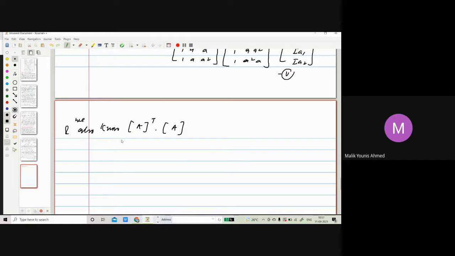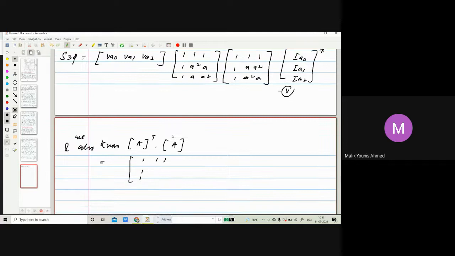So that will be equal to 1 1 1, 1 A square A, 1 A A square, multiplied by 1 1 1, 1 A A square, 1 A square A. If you multiply them together, you can see.